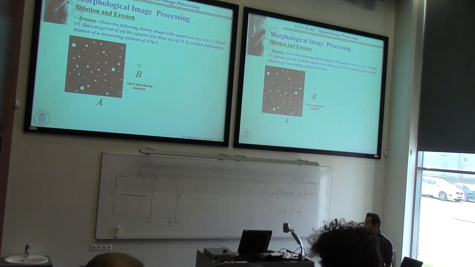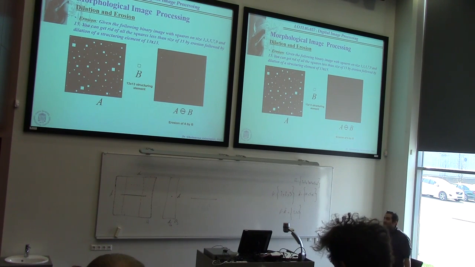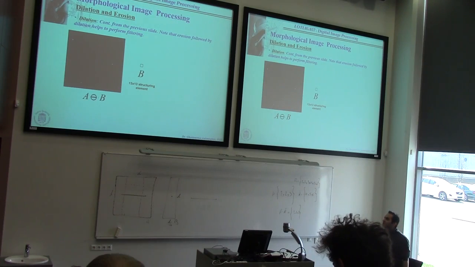If we go through this image with this structural element, what is the result? The result is something like this. We remove all squares or elements that are smaller than this part, and it will just remain something like this. It's the result of the erosion. It means that we can remove some noise of the image.